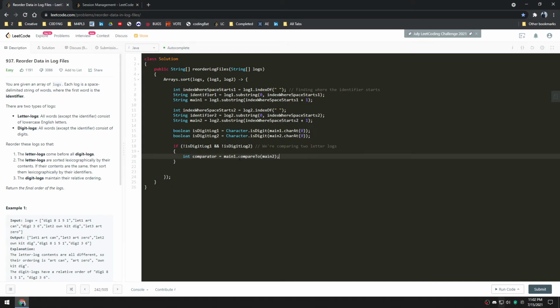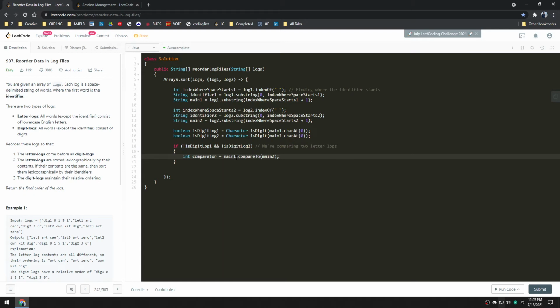And what compare2 does is, like I had mentioned earlier, if there were a few letters A, B, C, and we were to compare A to B, that means A is going to go first because A comes before B, but we only know that conceptually.